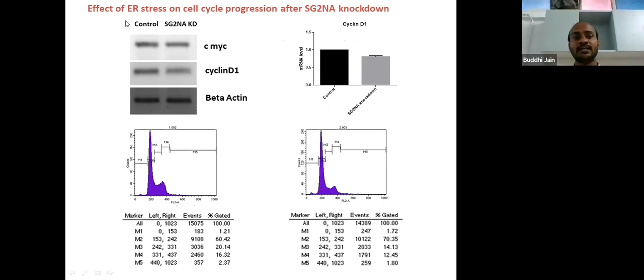That means we wanted to check the effect of ER stress on cell cycle progression after SG2NA knockdown. First, we checked the expression of cyclin D1, which is the main cyclin required for progression from G1 to S phase. The expression of cyclin D is less in SG2NA knockdown cells, and this we did with flow cytometry.